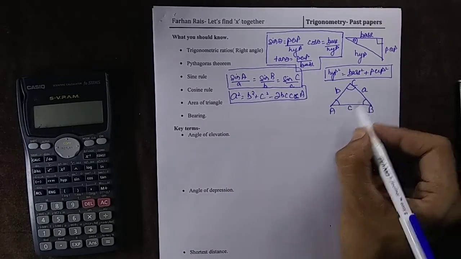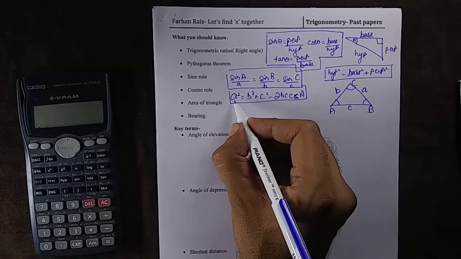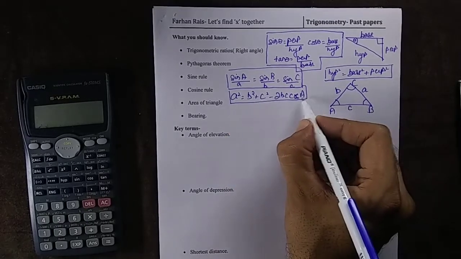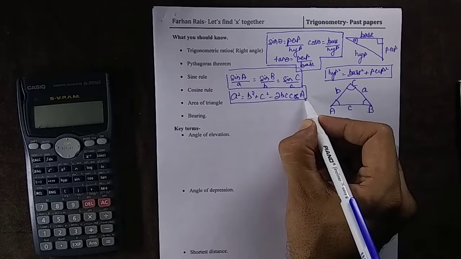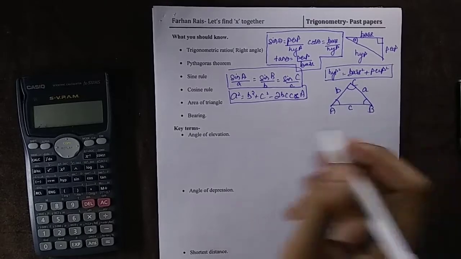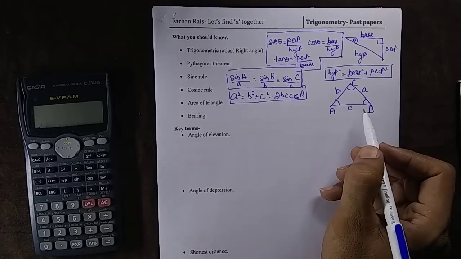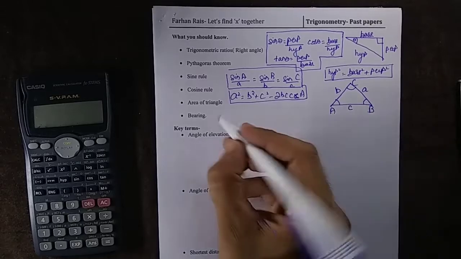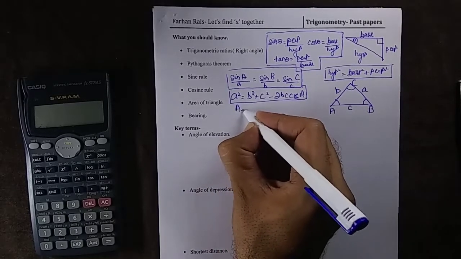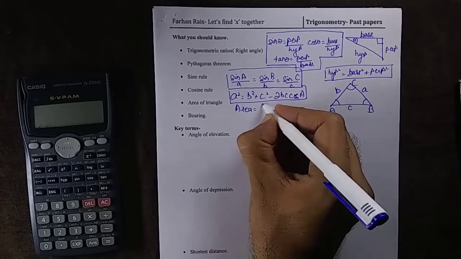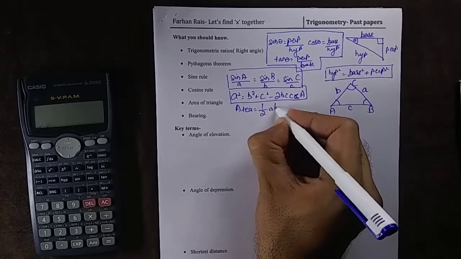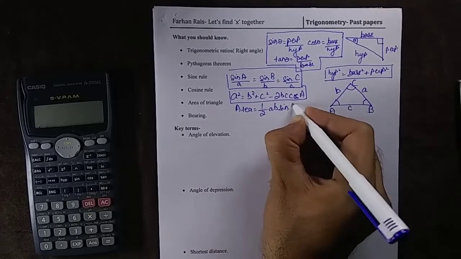For a, we have this angle A. So always remember, the side appearing here should be with respect to the angle appearing on the other side for cos. And for a non-right angle triangle, the area can be obtained as area is equal to half ab sin C.